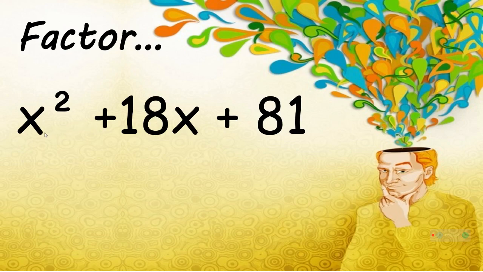It is also under the perfect square trinomial because the first term is a perfect square, the last term 81 is a perfect square, and if you are going to find the square root of the first term and the last term, multiply it by 2, the middle term is 18x. Okay? So, I will give you again 5 seconds to have your factors of the given trinomial.